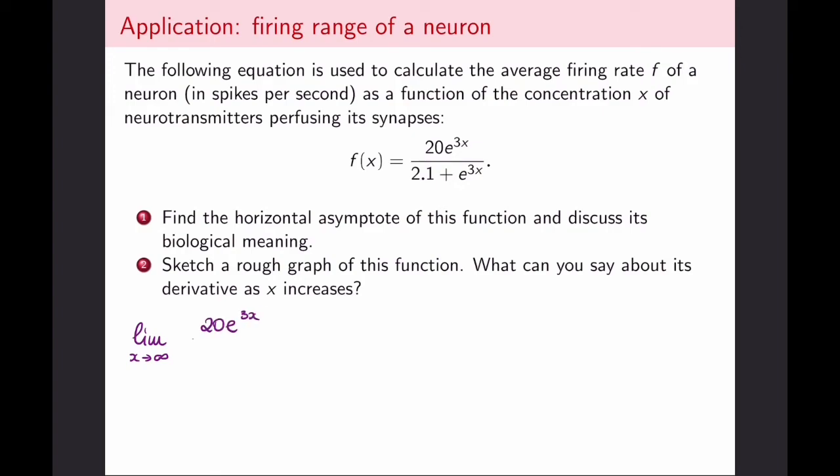So I'm just going to rewrite my function here and then analyze what happens there. I can now perform the same type of power analysis as we did last time. For those of you who remember L'Hopital's rule from Calculus 1, you can also apply it here, but the power analysis actually gives a much cleaner way of computing this limit.